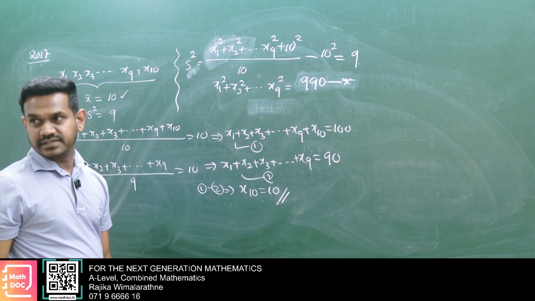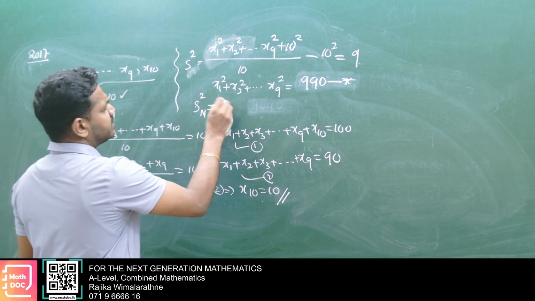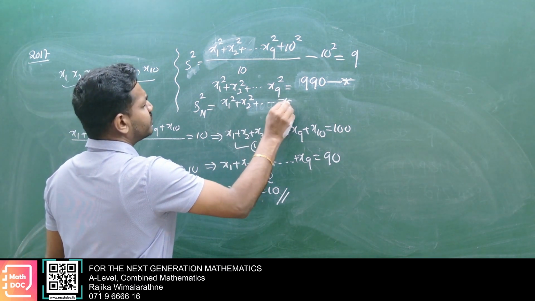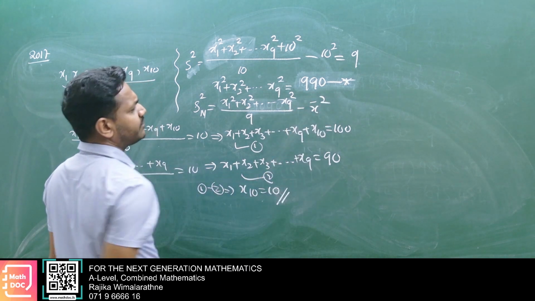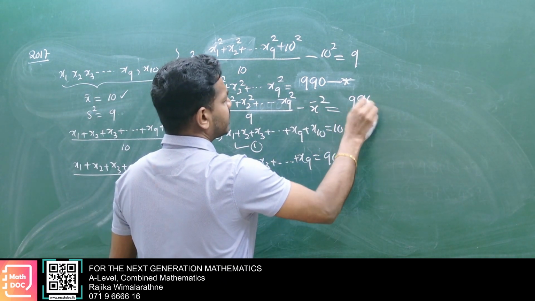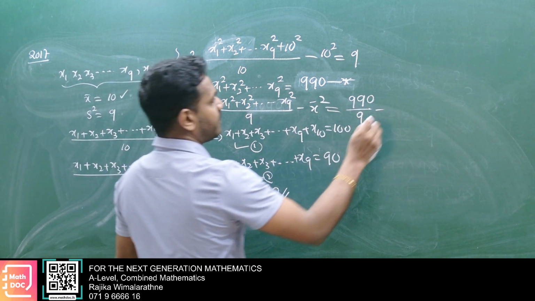Now write the new variance. The new variance is x1 square, x2 square up to x9 square divided by 9, minus x bar square. Now this one, 990 divided by 9. The new mean won't change, that is 10 again.